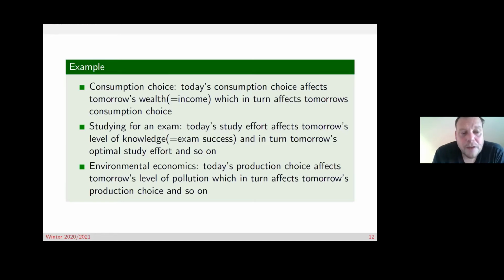But also, if you step a little bit out of the realm of economics, there you have intertemporal choices as well. This is also, I think, the reason why this has not primarily been invented by economists, but by engineers and computer scientists and other people in science.